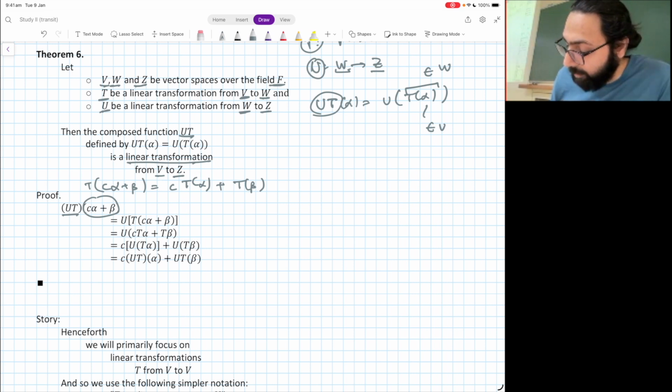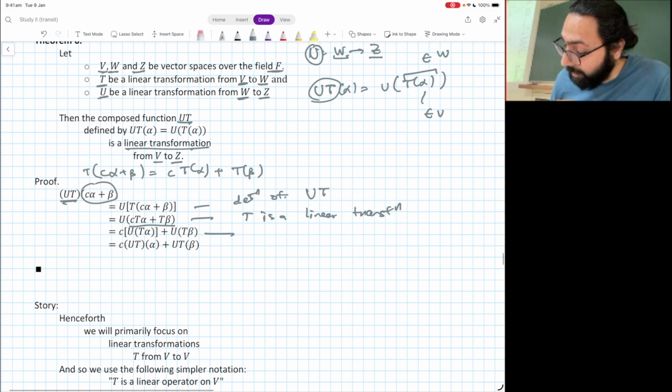You start by using the definition. This is just the definition of UT. Then you expand it, using the fact that T is a linear transformation. And this last one is applying the definition of U.